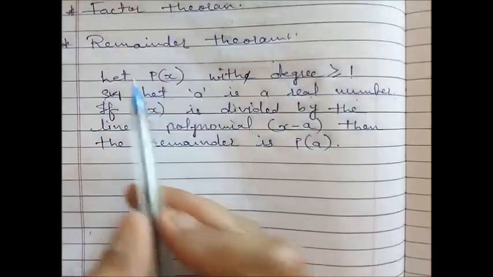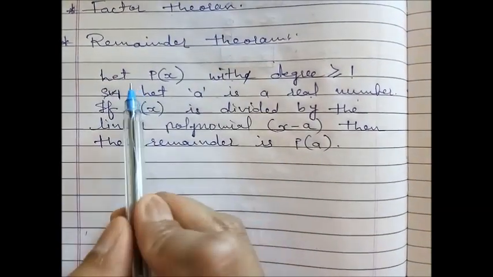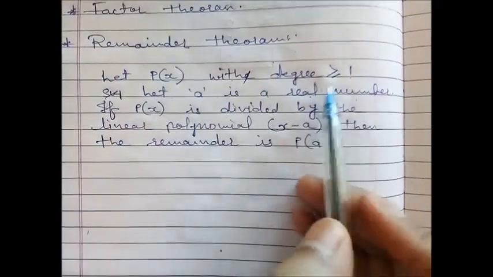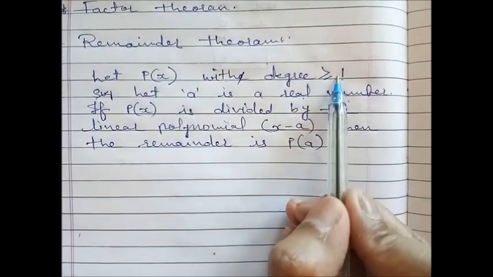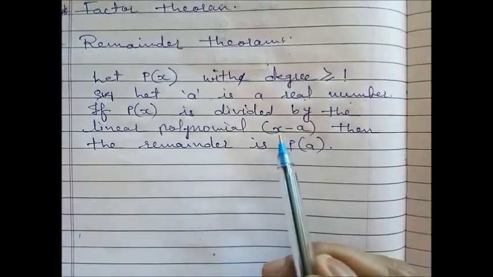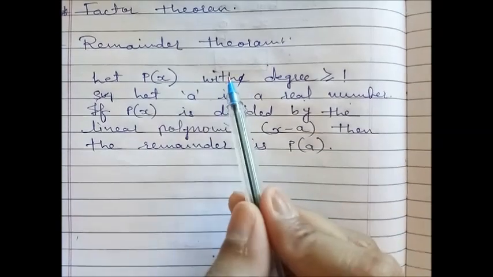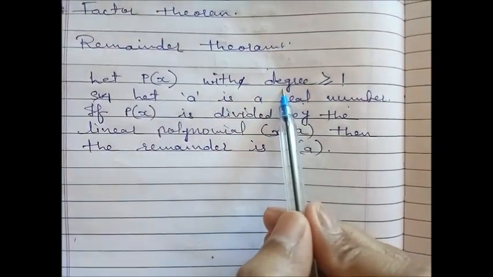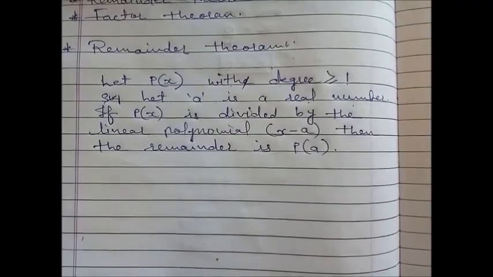Again I will repeat the remainder theorem. For this theorem you need any polynomial which has degree greater or equal to 1. Why degree greater or equal to 1? It can be 1, right? When it is 1, that time it is a linear polynomial, but it should not be 0. Why? Because when the degree of the polynomial is 0, then it becomes a constant term or else the zero polynomial, right?